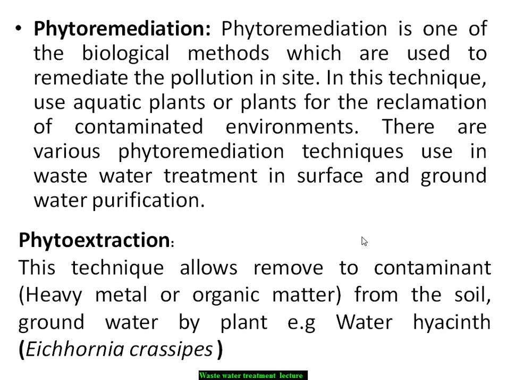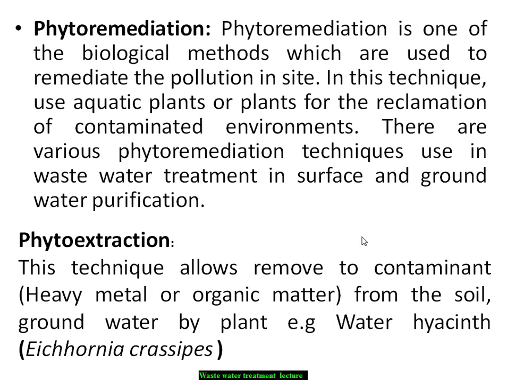In addition, another practice is phytoremediation. In phytoremediation, generally we use some plants, and these are generally aquatic plants, which have a good and natural quality to reduce the waste from the water.